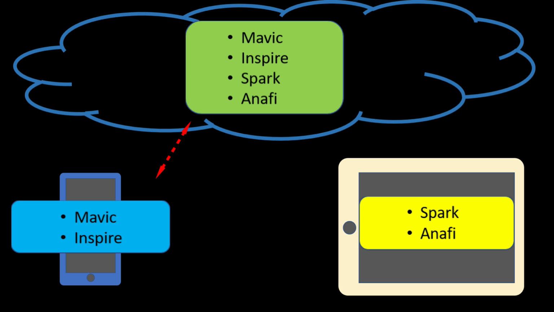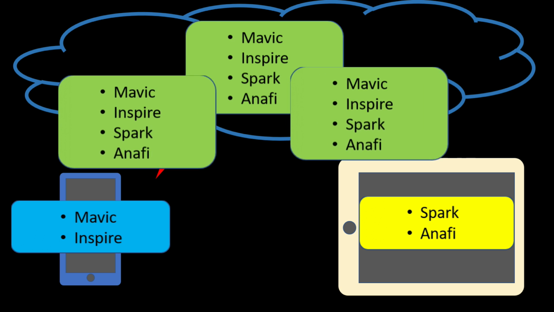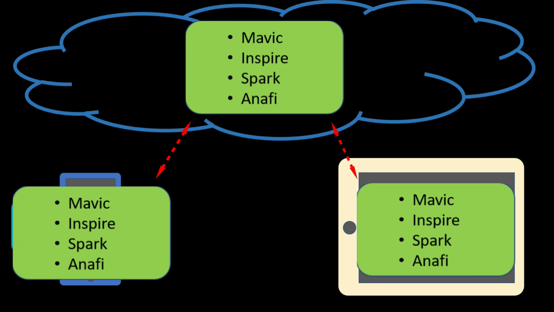Instantly, a copy of the team's data is sent to both the phone and the tablet. So now both devices have access to all 4 drones, and any changes made on either device are synchronized to all members of the team whenever they are connected to the internet.